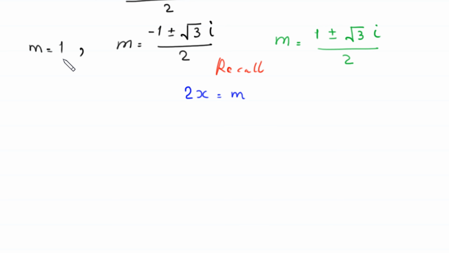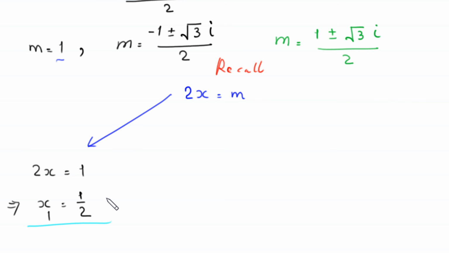So when m is equal to 1, then this equation becomes 2 times x is equal to 1. This implies that x is equal to 1 over 2. This is the first value of x. This is the first solution of this equation.